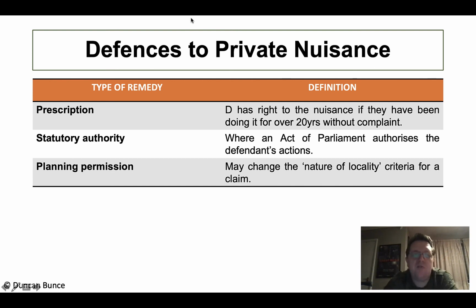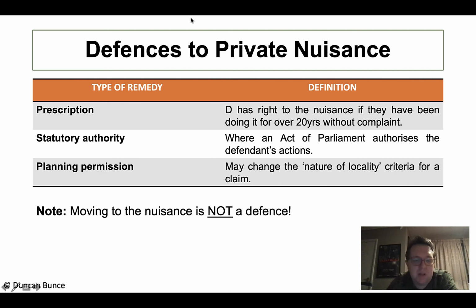What might once have been a residential area, if there are suddenly loads of planning permissions put in from people around the area for businesses, for factories, etc., then suddenly it's arguably not a residential area, and maybe that will be something that will stand in favour of the defendant.